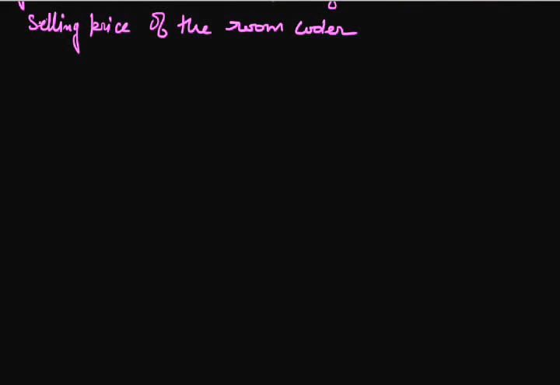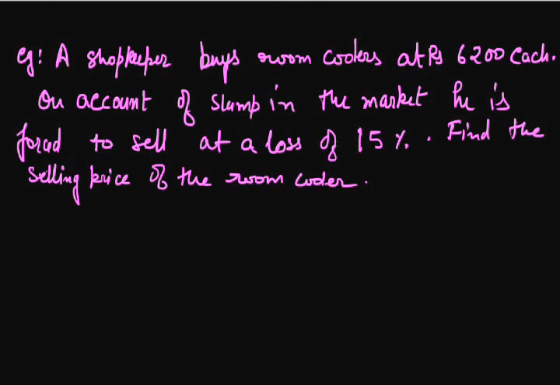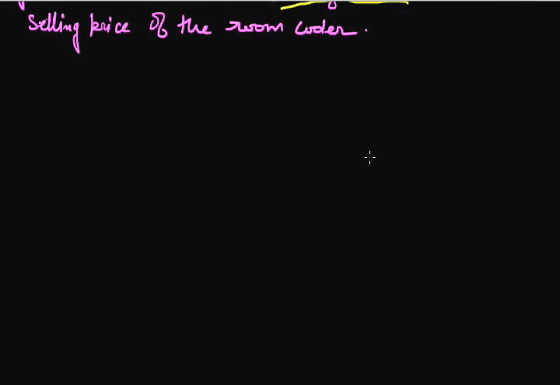Now in this question, the shopkeeper is buying the cooler at rupees 6,200 and selling it at a loss of 15%. Again, we know that we calculate profit percent or loss percent on the cost price. So first we will write that the cost price of the cooler is rupees 6,200.